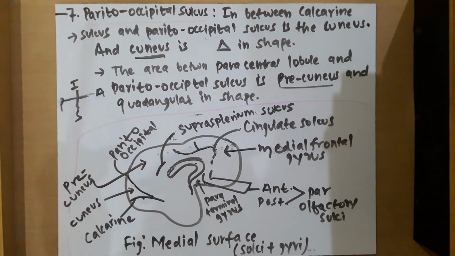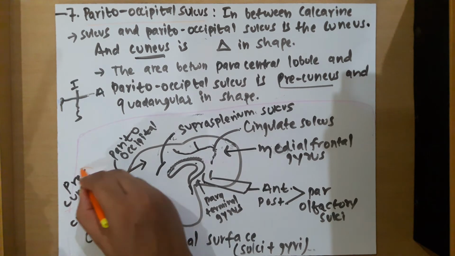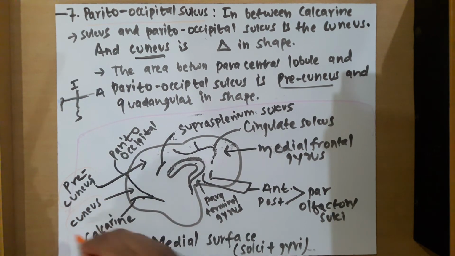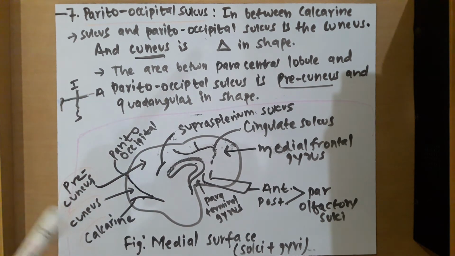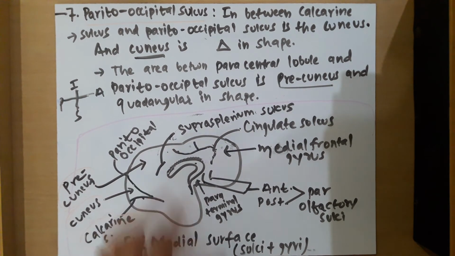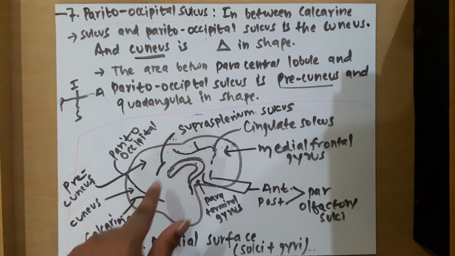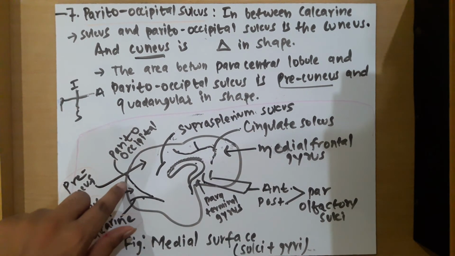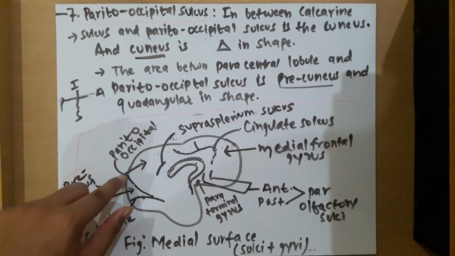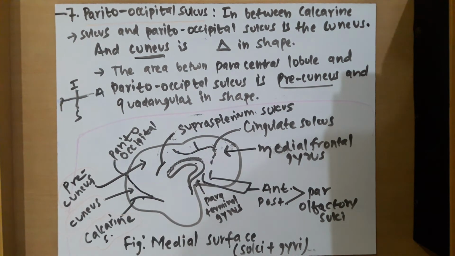I'll add S for the sulcus. It has been already quite rough. So calcarine sulcus, and this is the precuneus. This is the cuneus, and it is triangular in shape, and this is quadrangular in shape. This sulcus is the parieto-occipital, and this one is the calcarine sulcus.